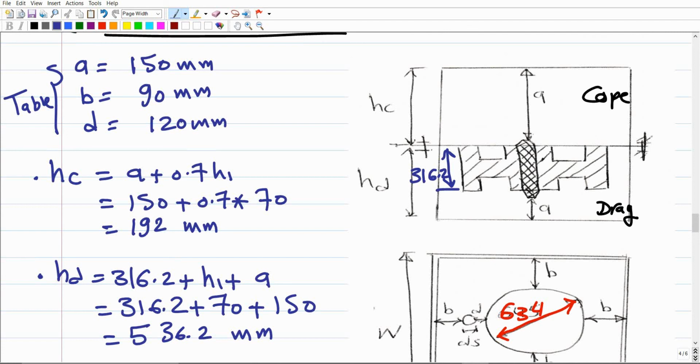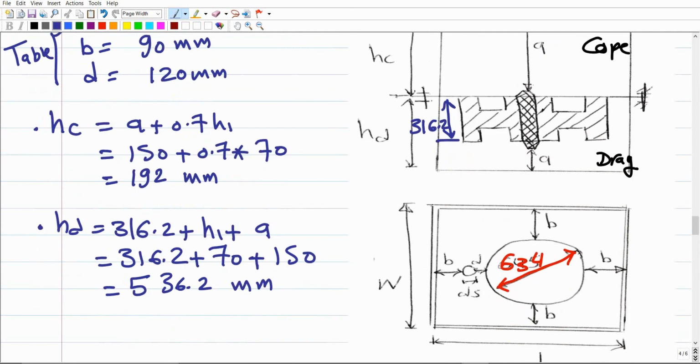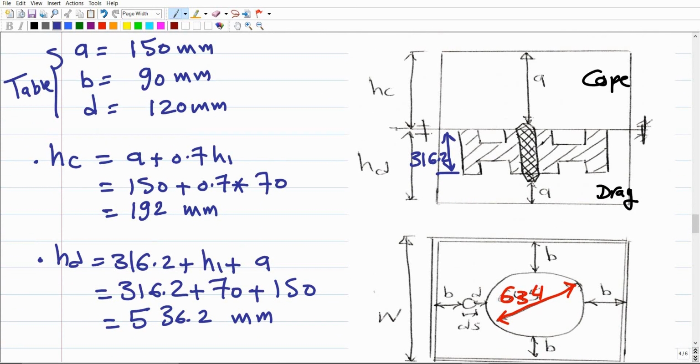Or in many cases, the two pieces of the flask are identical, with the same height. For some reason, you may find that the foundry you're working in doesn't have a flask with these hybrid or two different heights. So in this case, we have to use only one height for both of them.